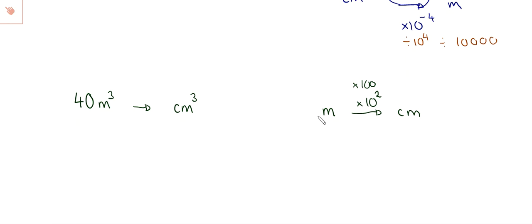Makes sense? Therefore, if we're looking at cubic meters and we want cubic centimeters, we're going to have a lot more, aren't we? If you think about it, guys, I'll visualize this for you. It's quite difficult to hold it all, but this might help you comprehend why there are so many of them.